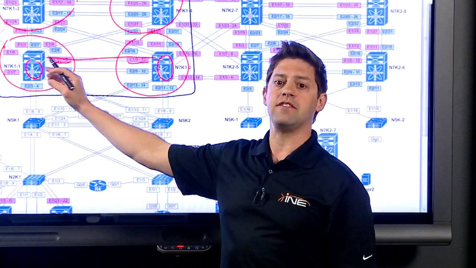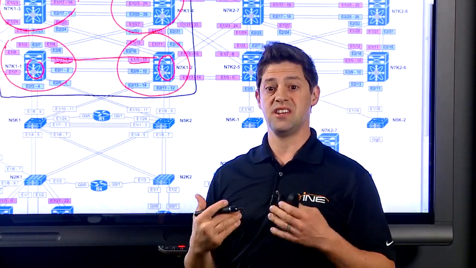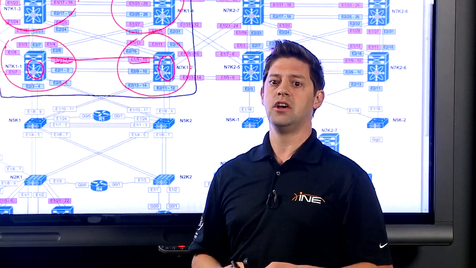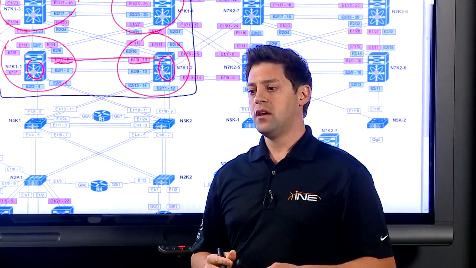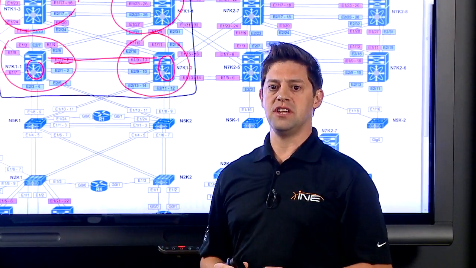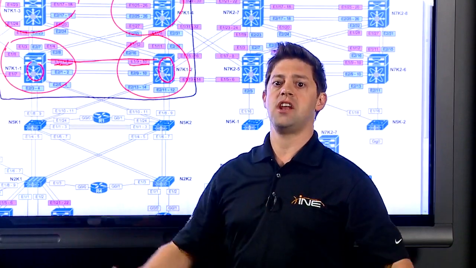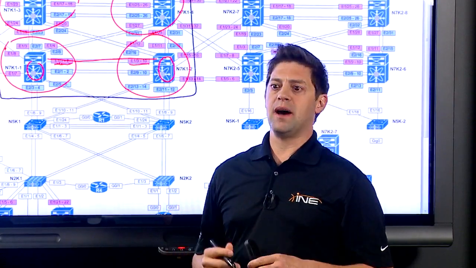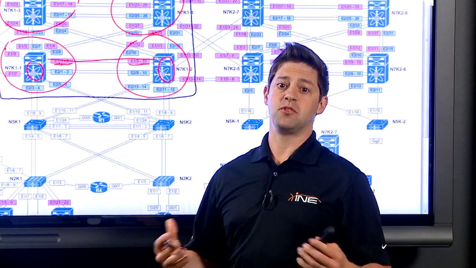But they could have everything physically cabled and simply not have the VDCs yet defined, or the resources, the Ethernet ports, allocated to the particular VDC. So this could be one level of complication, or just a level of difficulty in the exam, is that if you just by default went ahead and said no shutdown on all the ports, then you might all of a sudden see some problem traffic.